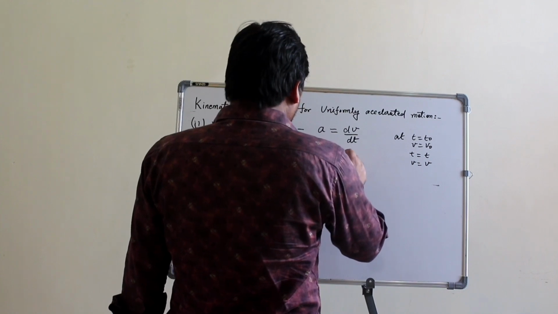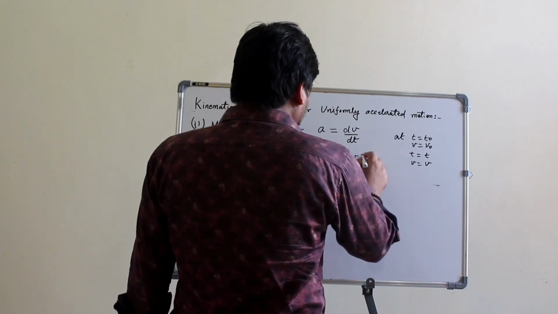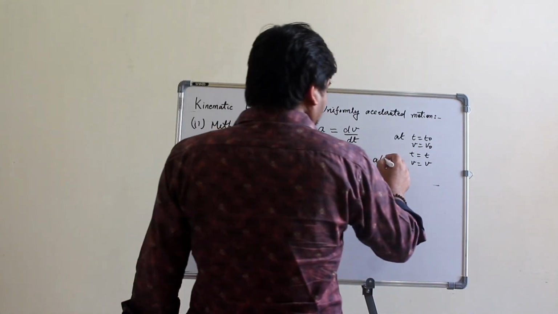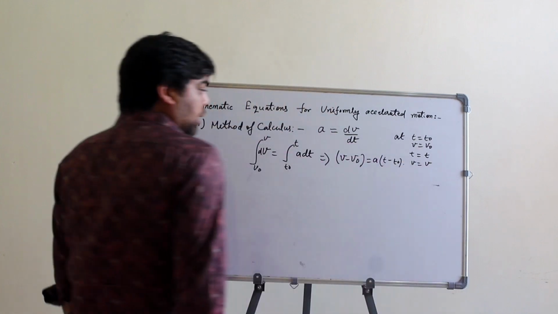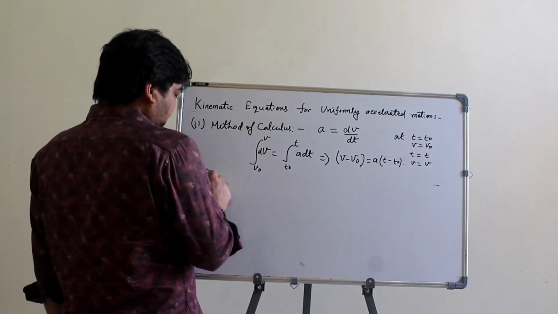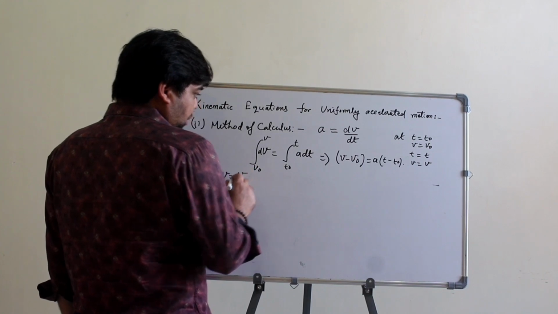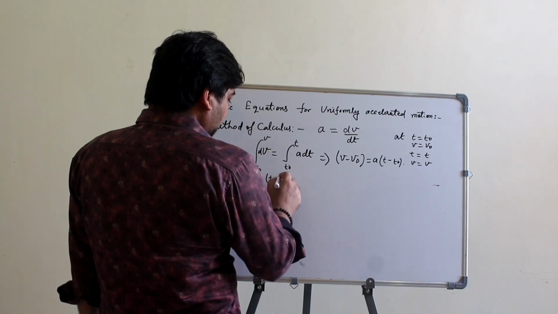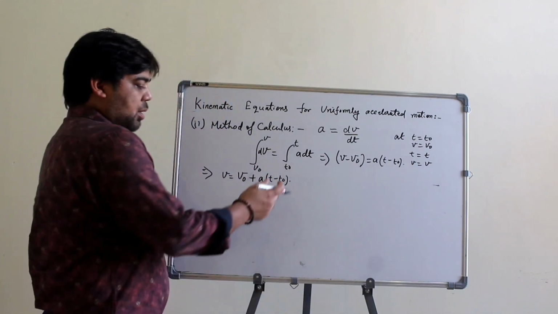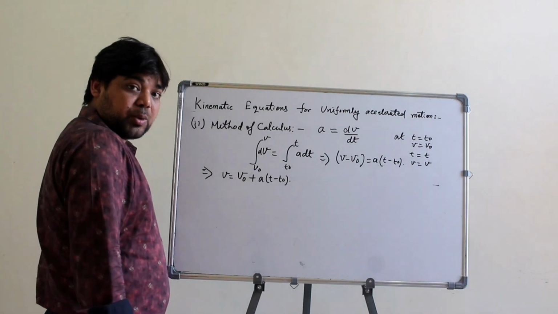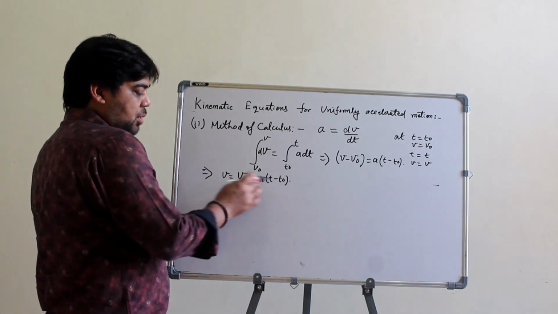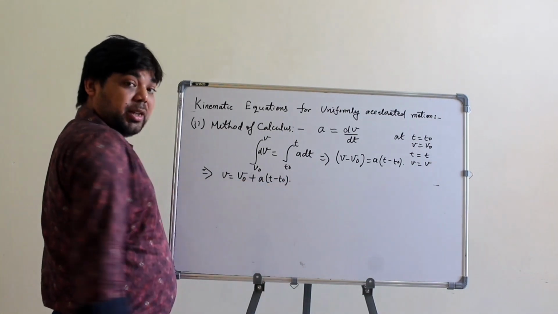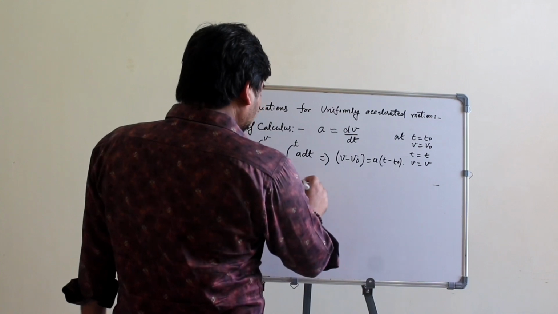It gives you v minus v naught equals a times t minus t naught. So what you get here is v equals v naught plus a times t minus t naught. Remember that when t naught is 0, or an object is starting at t equals 0 with a certain velocity, then it will become v equals v naught plus a t. This is our equation 1.